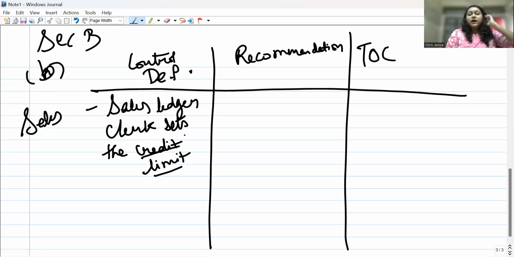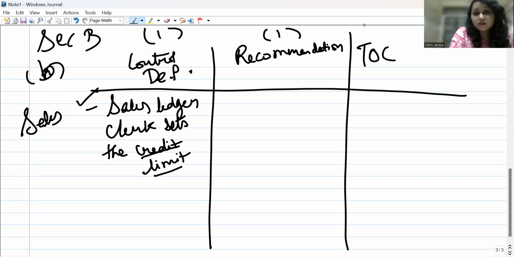Right now, I'm telling this is the deficiency that I have identified. Now, is this enough to mention in this control deficiency point? I told this will gain you 1 mark, this one mark, and this one mark, right?